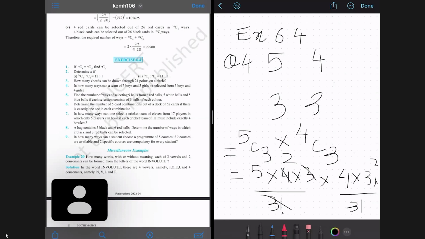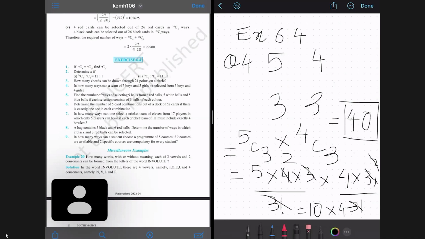So the number of unique teams that you'll be able to form is equal to 40, because 4C3 is 4 and 5C3 is 10, and when you multiply them, the answer that you get is 40. So this was also a very straightforward question.